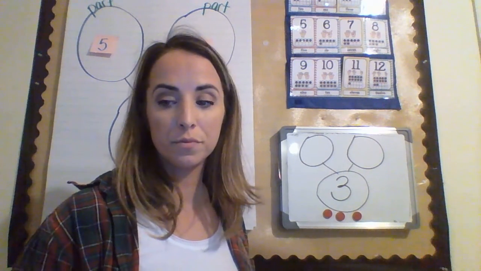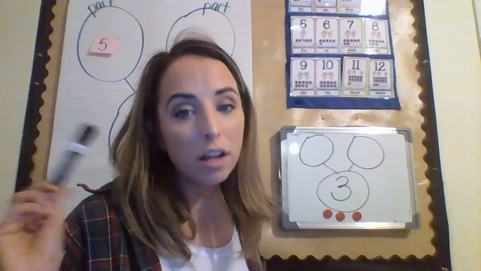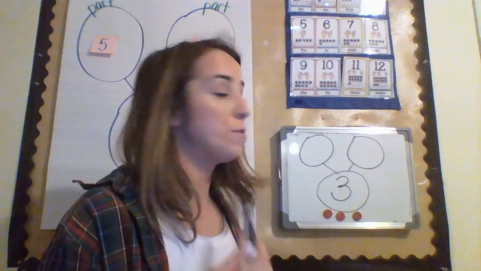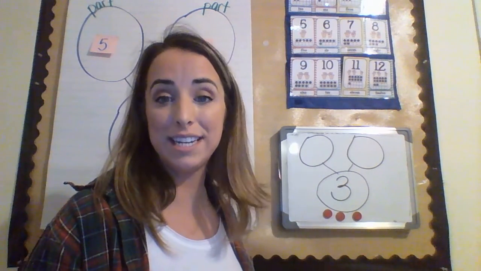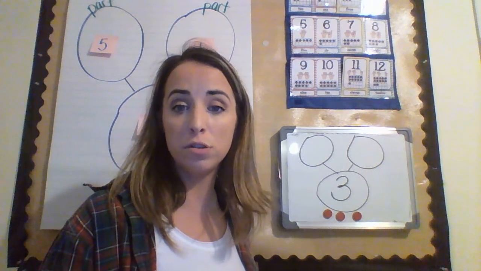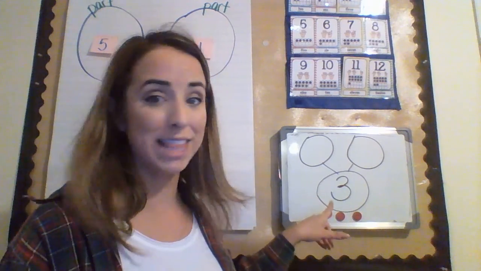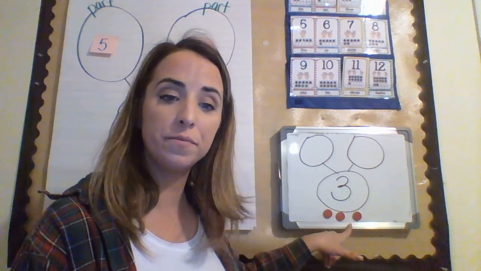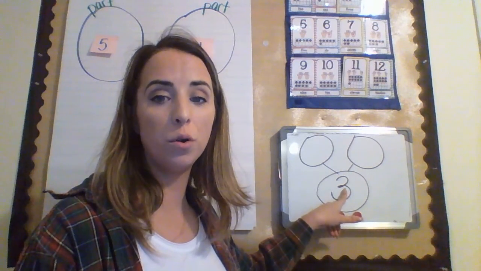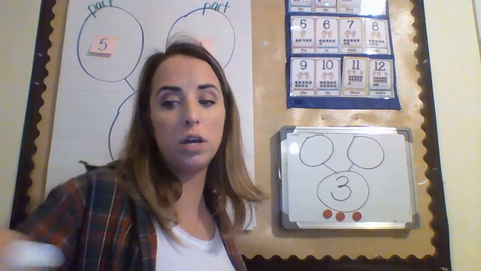Also, I'm sorry, y'all, get your dry erase. You'll be writing the numbers in them, okay? You're not going to be putting them in the circles like we did yesterday for compose and decompose. You're going to be writing the numbers, so it should look just like this. Your counters should be all red, and you should have a 3 in your whole. Okie dokie?